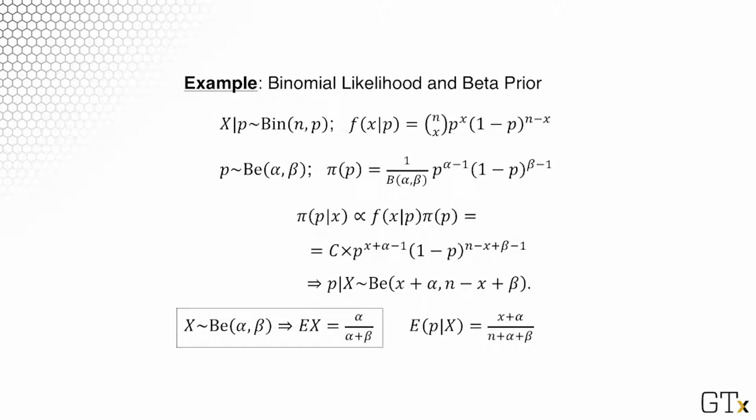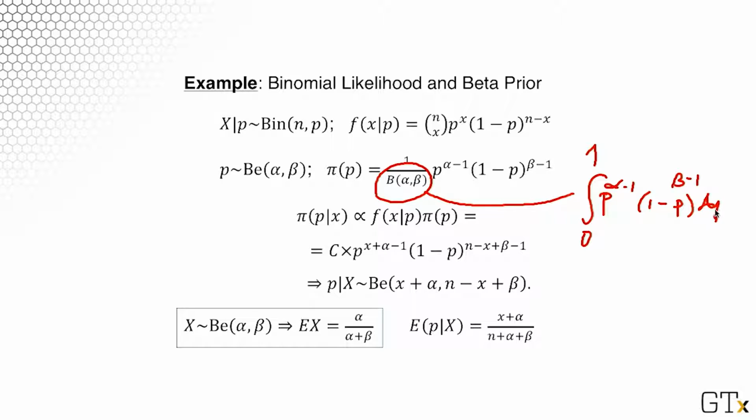Now, if you put a prior pi on p to be beta, the density of beta is something similar to the likelihood. There is a normalizing constant, which is the beta function. This B(alpha, beta) is the integral between 0 and 1 of p to the alpha minus 1, 1 minus p to the beta minus 1 dp.